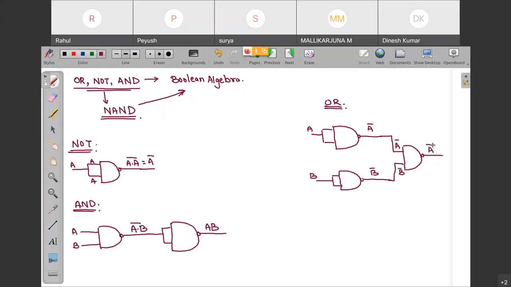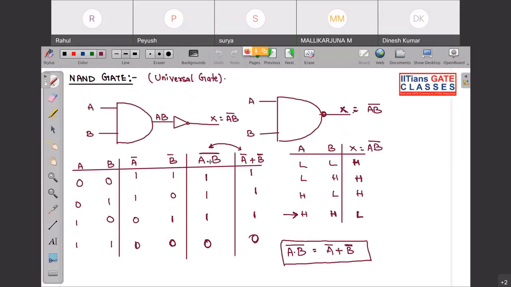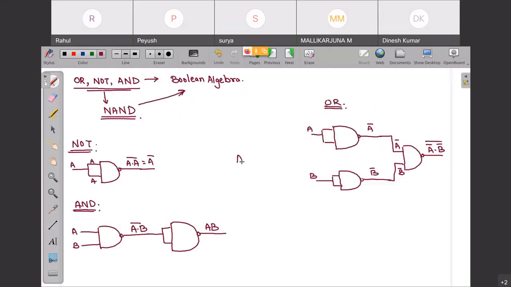So this will be A bar dot B bar whole complement. Now we have just seen that A dot B is equal to A bar plus B bar. So even this I can write like this, where A corresponds to A complement and B corresponds to B complement. So this will be A double complement plus B double complement, that will be A plus B.